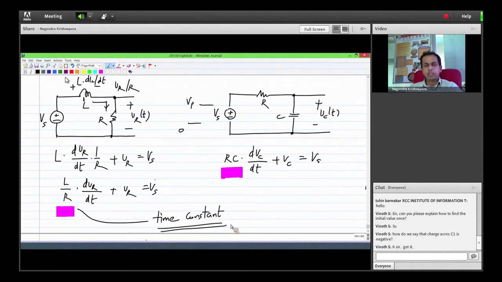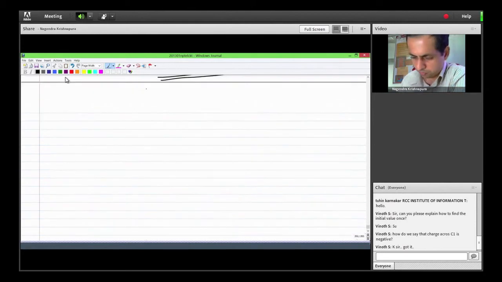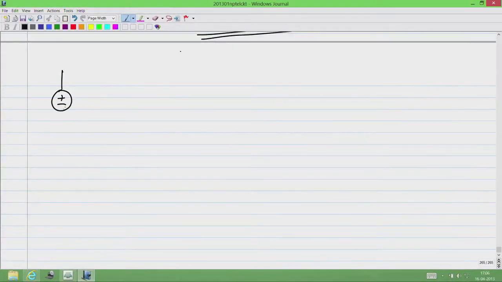Now, in the circuit there can be more than one inductor, right. What I mean is, I could have something like this.